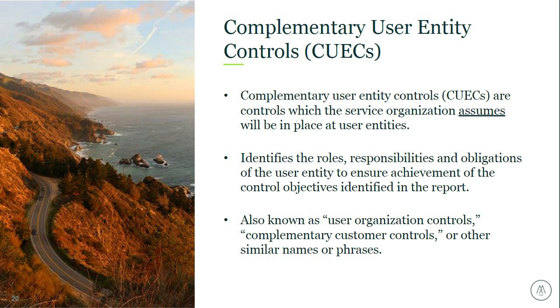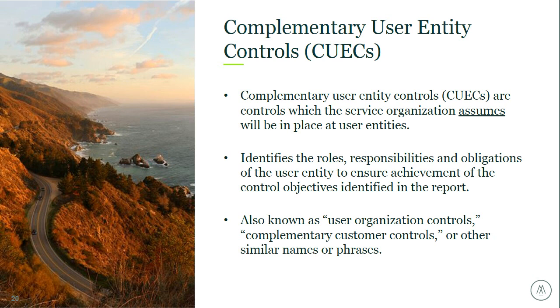Those customers' employees, let's say they terminate. Well, the service organization can't be responsible for removing that user ID because they don't know about the termination unless that user tells them. So this is an example of where a user of the report or complementary user entity would be responsible for the operation of internal control.